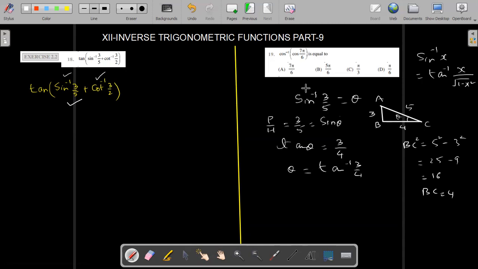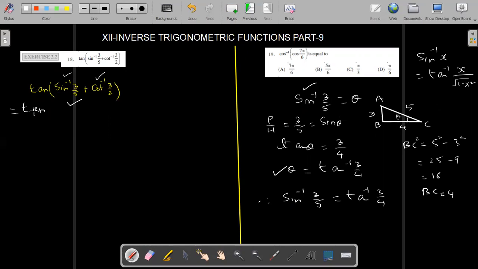Therefore, comparing, we get sine inverse 3 by 5 is equal to tan inverse 3 by 4. Okay, got it? One way.